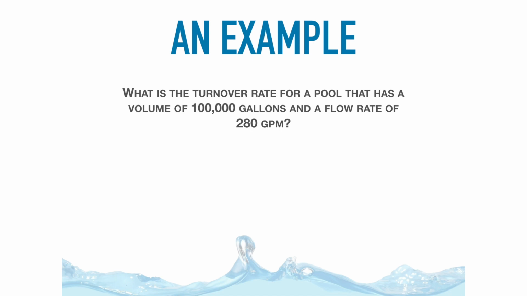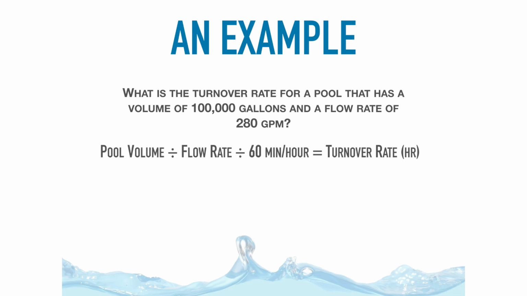So on the screen, you can see that I have a pool that's 100,000 gallons, and it has a flow rate of 280 gallons per minute. The question is, what is the turnover rate for that pool? So let's do our calculation. Pool volume divided by flow rate divided by 60. So our pool volume is 100,000 gallons.